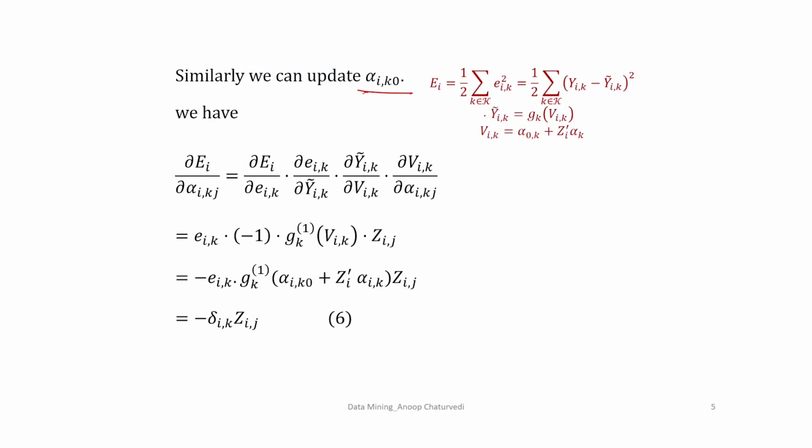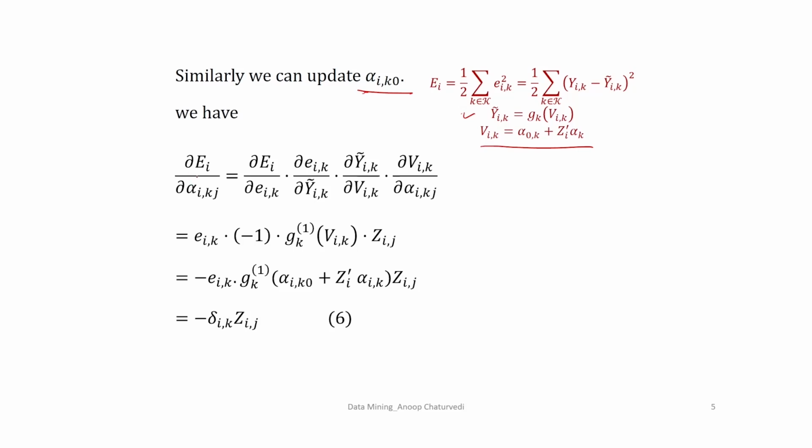Further, ỹ_ik = g_k(v_ik), and v_ik = α_0k + z_i^T α_k. Then, to obtain the derivative ∂E_i/∂α_ikj, we use the chain rule.